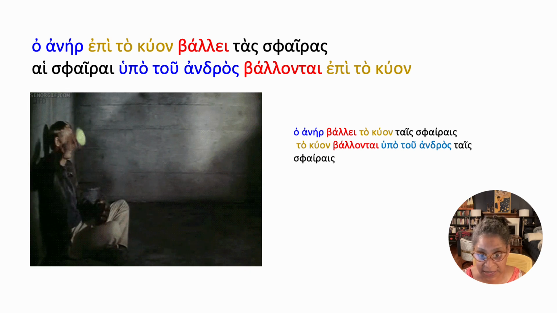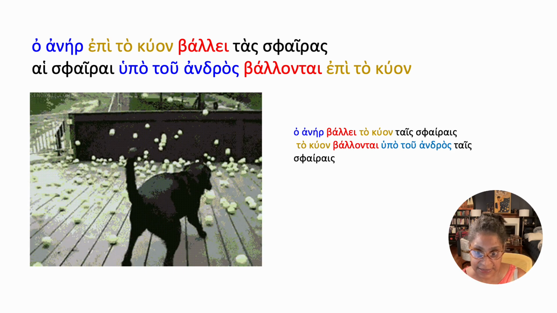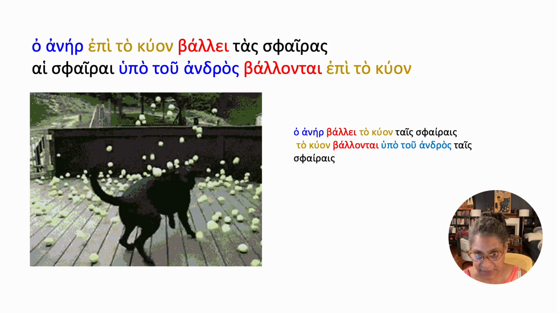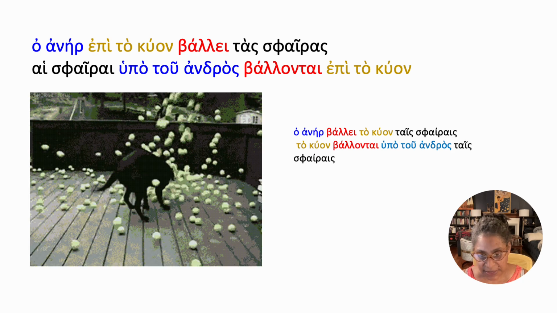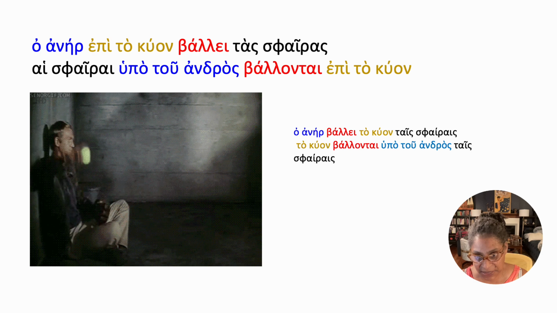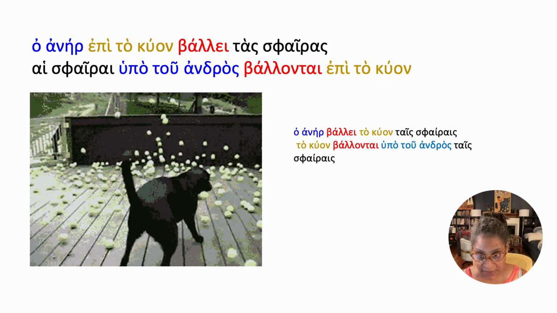All right, so now we want to make that passive. Tokuon balontai hupo tou andros tais sphairais. So the dog is being hit or being struck by the man, hupo tou andros, with the balls, tais sphairais.